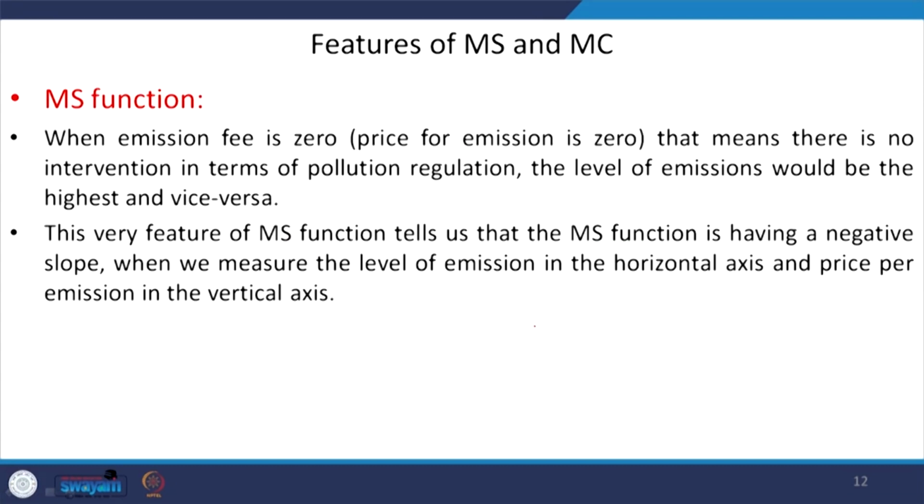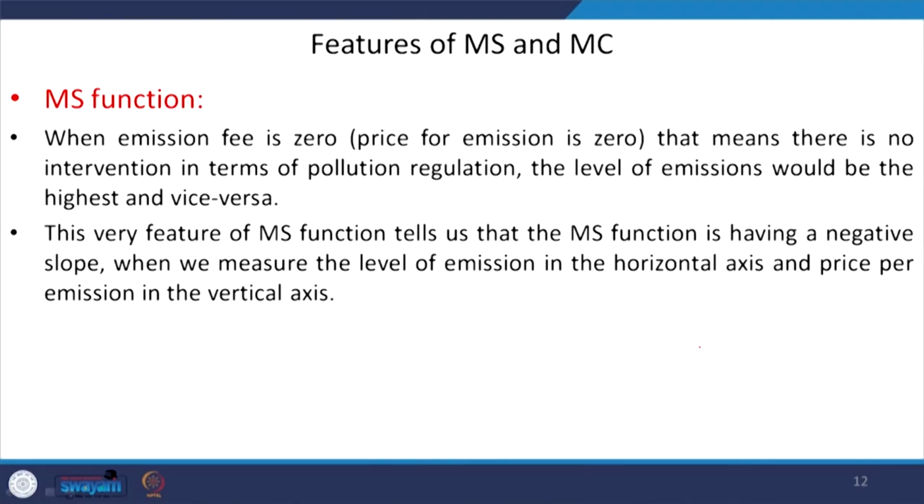So, now after understanding this marginal saving function and marginal abatement cost or marginal cost function, now we can find out some of the features of marginal saving functions and marginal cost function. So, what are the very basic features of these marginal saving functions? We can say that when this pollution fee or pollution tax is 0, that means the price for the pollution is 0, right.